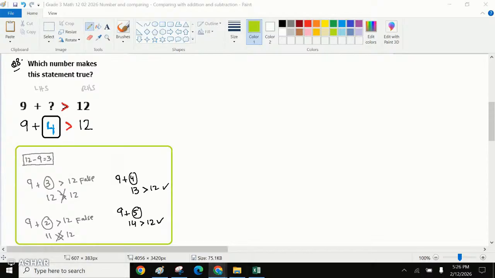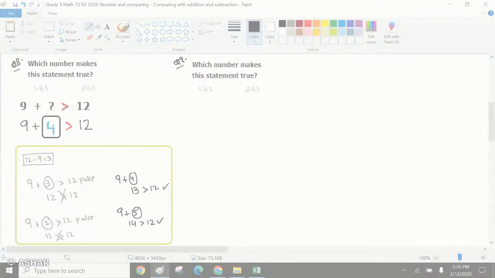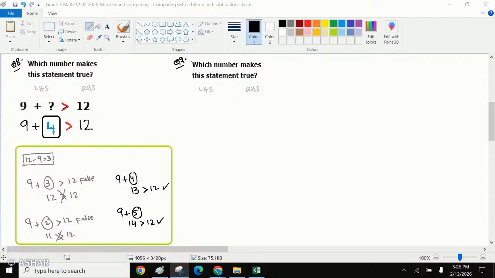The next question says, which number makes the statement true, such that the given question is: 10 minus a number. You subtract something from 10 and it stays greater than 3.